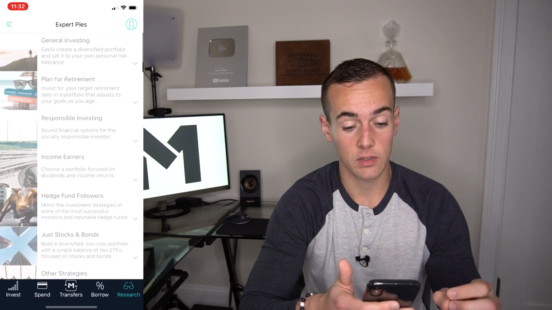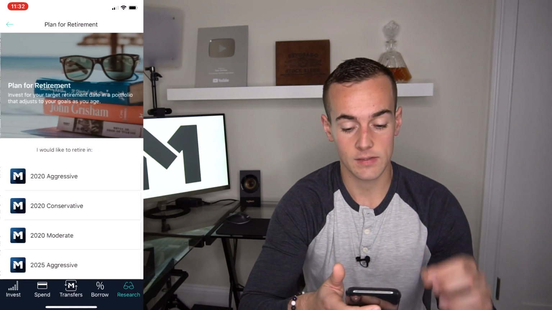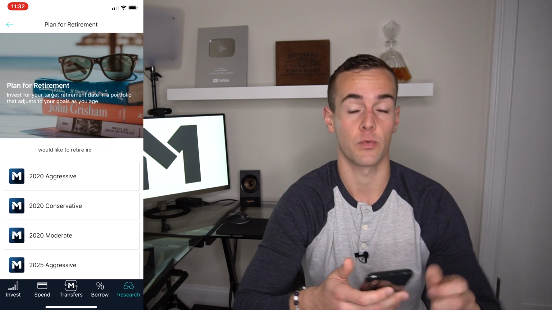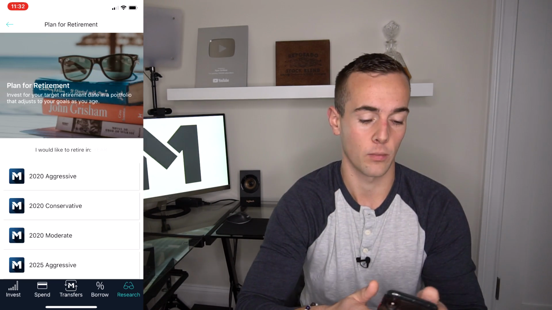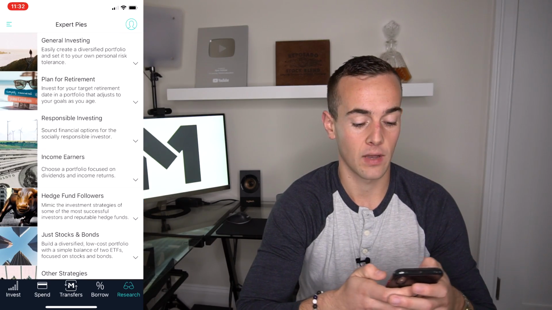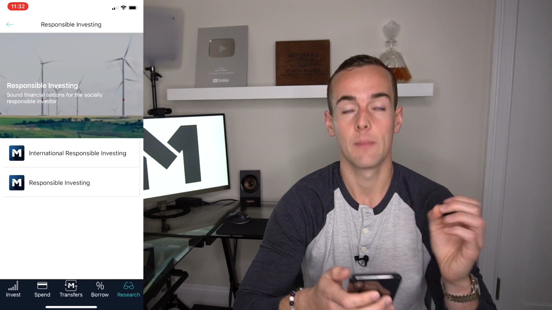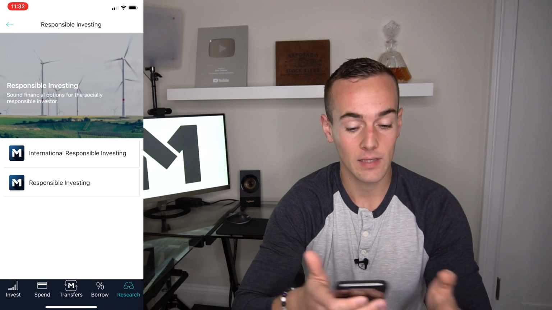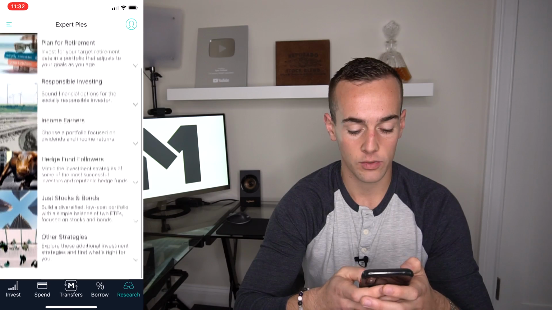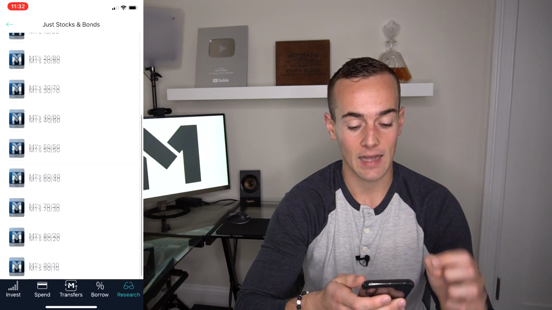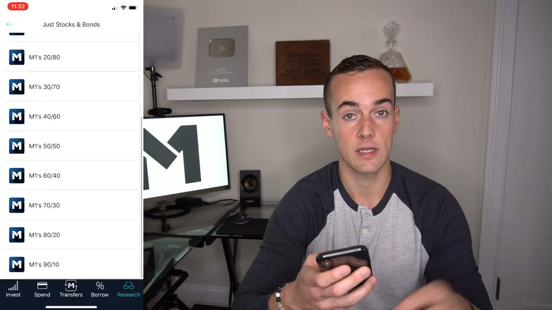So you have a general investing category. You have plans specifically for retirement, which is great for people who invest using a Roth IRA, which is available through M1 Finance. You also have responsible investing for people who are looking for environmentally friendly companies to invest in. Income earners, hedge fund followers, basic stock and bond allocations, which is just going to be a 2 ETF fund.